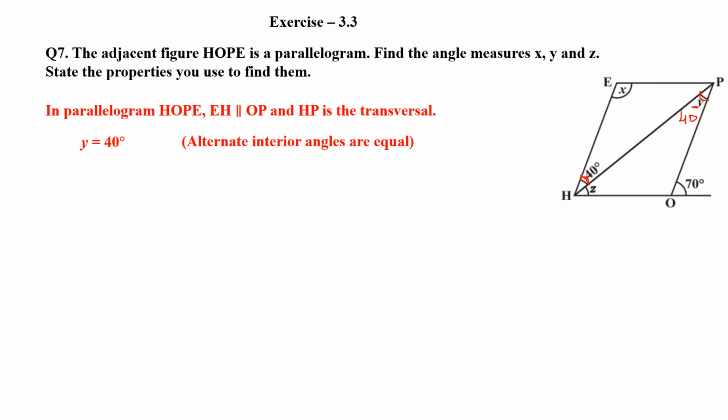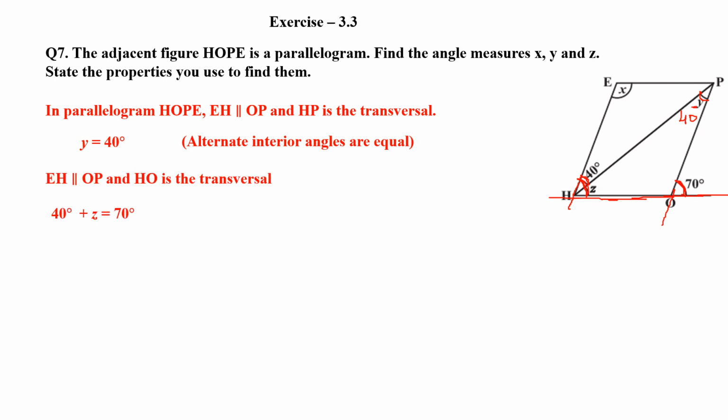Clear? Now next I am going to find the value for z. So again, I see EH and PO as my parallel lines and HO as my transversal. I am just going to extend it. If these two lines are parallel and this is my transversal, then this 40 degree plus z and 70 degree will form corresponding angles, and we know that when two parallel lines are cut by a transversal, the corresponding angles are equal.